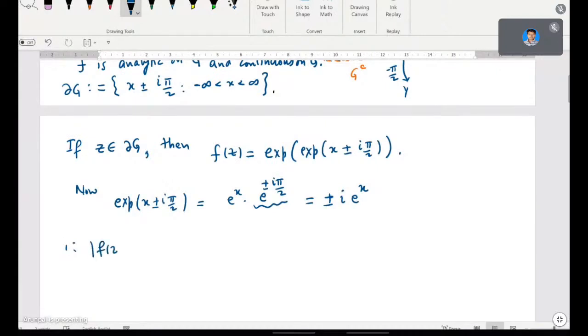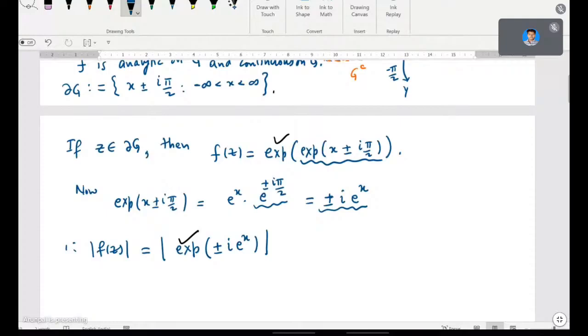Therefore, the modulus of f of z is equal to the modulus of exponential, and now you put its value. This exponential comes here as it is, and you are putting its value, so this is modulus of plus minus i e to the power x.